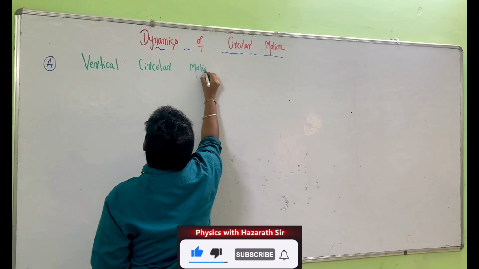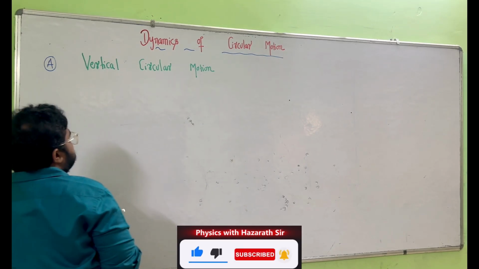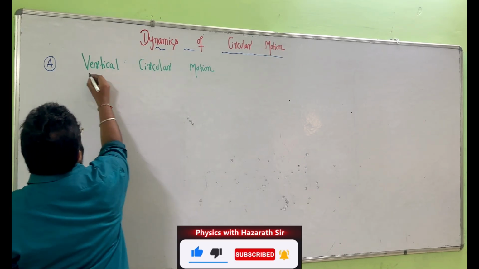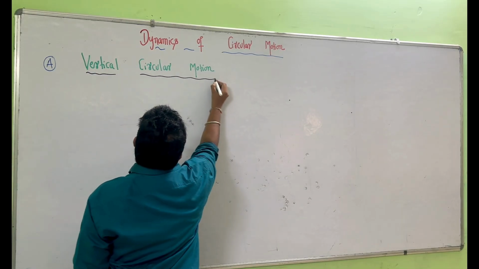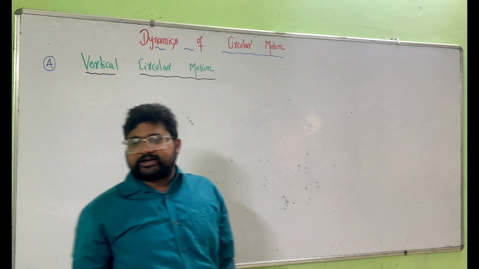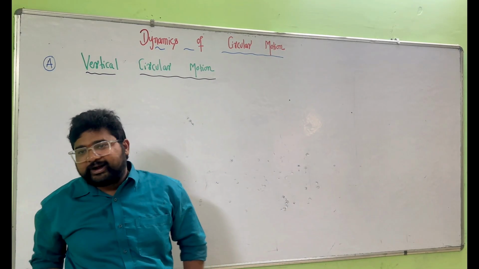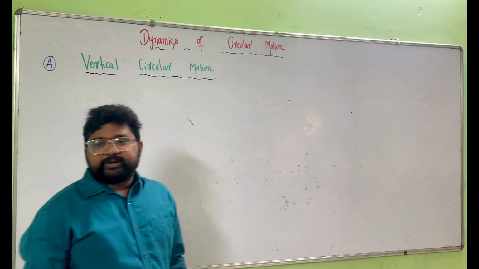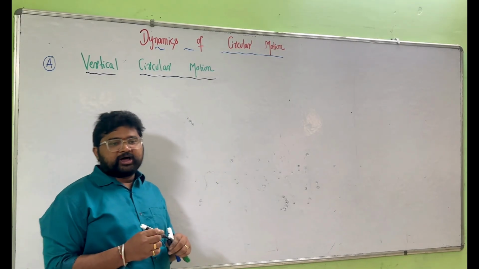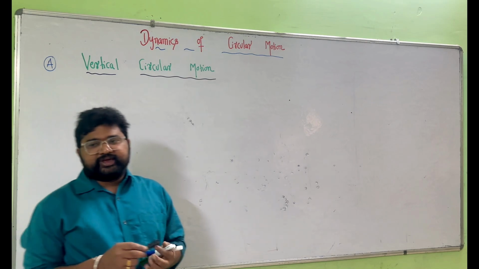How to apply dynamics in vertical circular motion? First we can discuss vertical circular motion. After that, horizontal circular motion, conical pendulum problems, and the combination of horizontal and conical pendulum and radius of curvature.